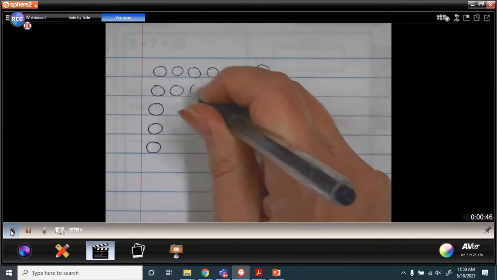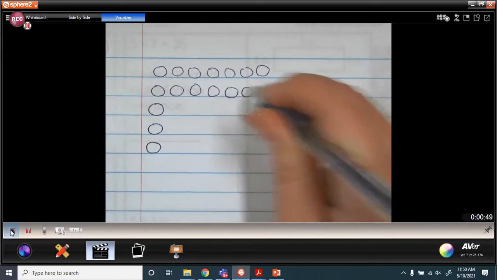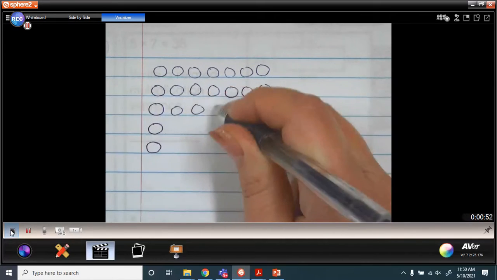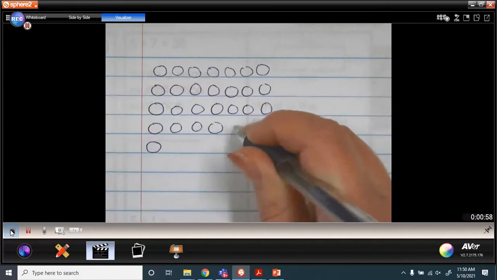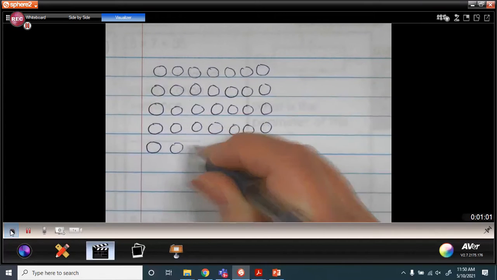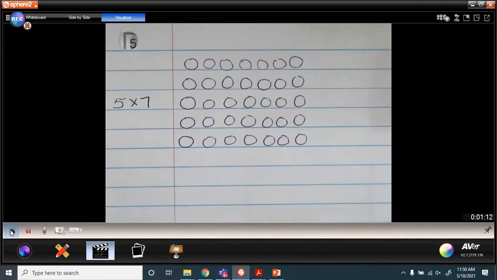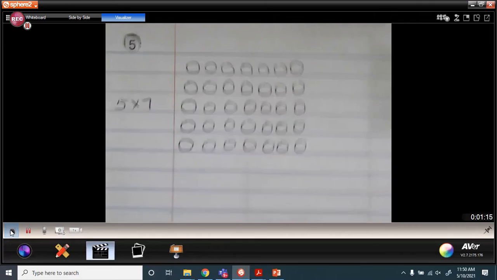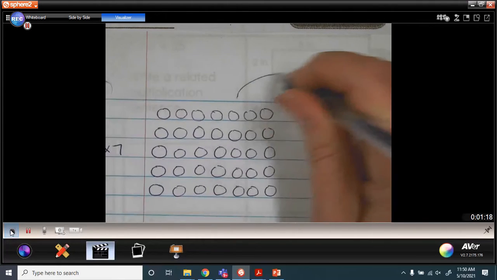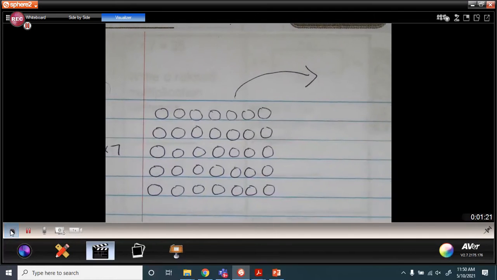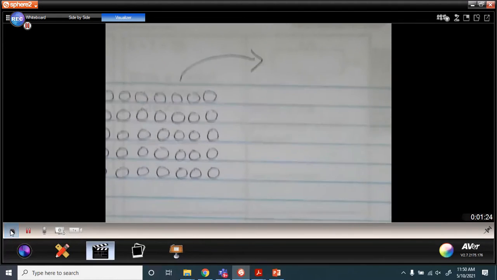Now, I just wanted to remind you about how these arrays work when you're looking at the order property of multiplication. So when I have 5 rows of 7, and we know that that is going to equal 35 because they've already given us that example, we know that 5 rows of 7, if I were going to turn and rotate this array to its side like this, I would have 7 rows with 5 in each row.